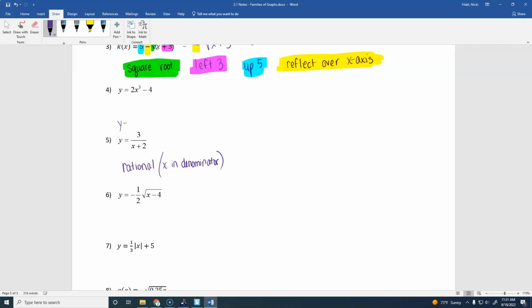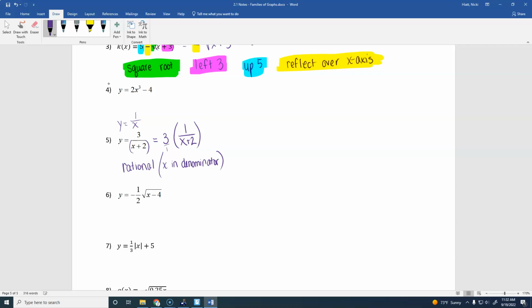Now, the parent for rational is 1 over x. So this does not have parentheses, but I could put parentheses right here. Also, that 1 just kind of turns to a 3 in the top. So when I see this, I can write it as 3 times 1 over x plus 2, because if I multiplied that back together, that'd be 3 over 1.